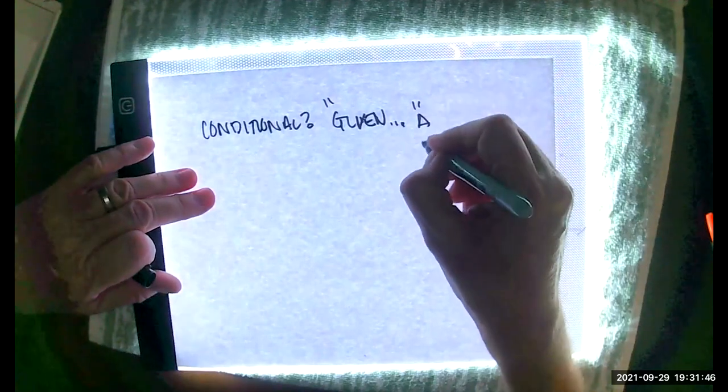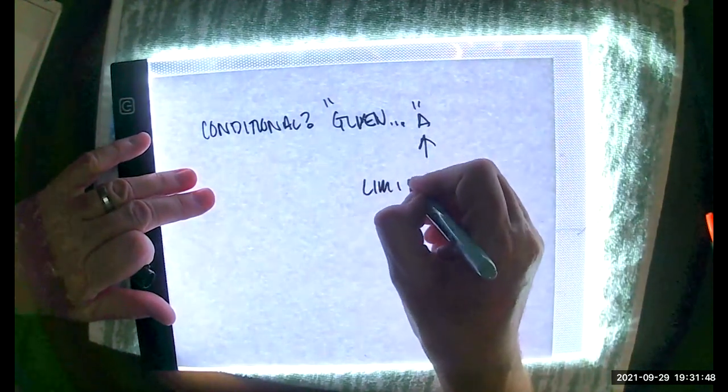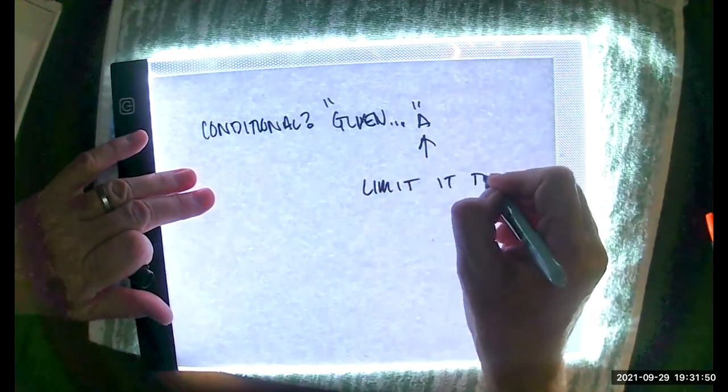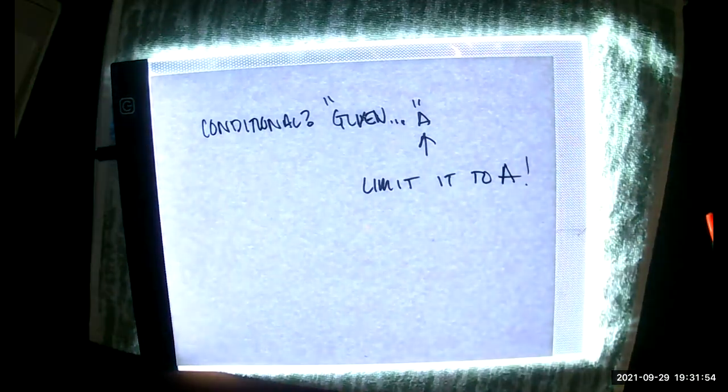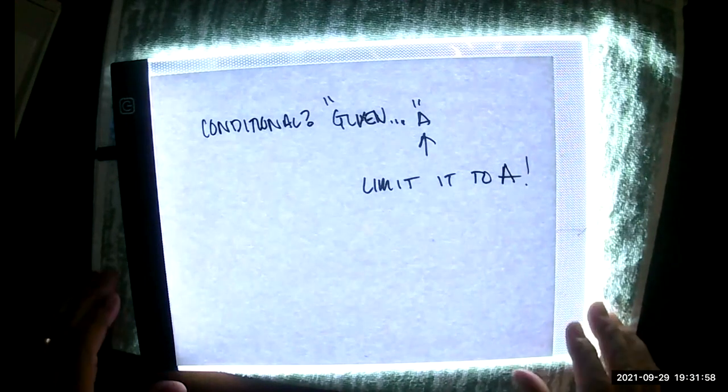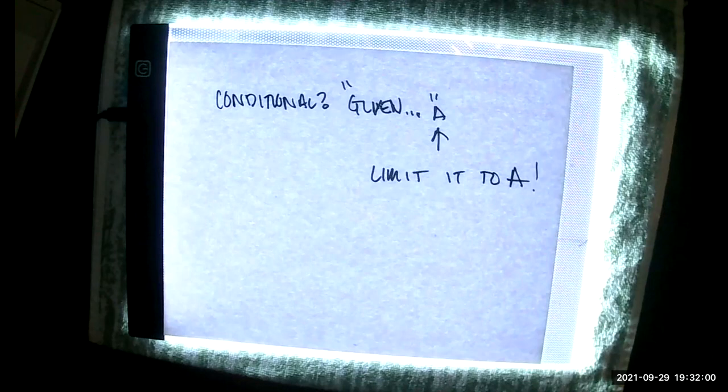So given event A, limit it to A. That really is the secret to doing these conditional probability problems. There's really nothing else to them. The formula, honestly, it's a little gift from the devil of math. The intuition helps us a lot.